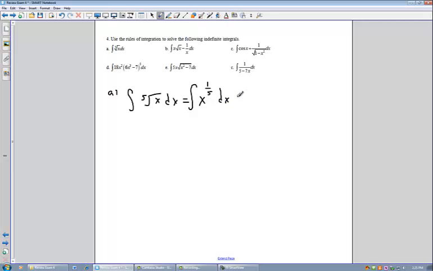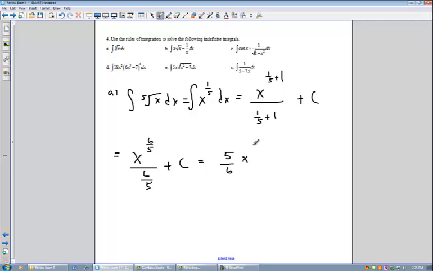And this is simply a power rule for integration, so you add 1 to it. So 1/5 plus 1 divided by 1/5 plus 1, all plus c. And then 1/5 plus 1, well, that's 1/5 plus 5 over 5, so that's x to the 6/5 divided by 6/5 plus c. When you divide by a fraction, you multiply by the reciprocal.